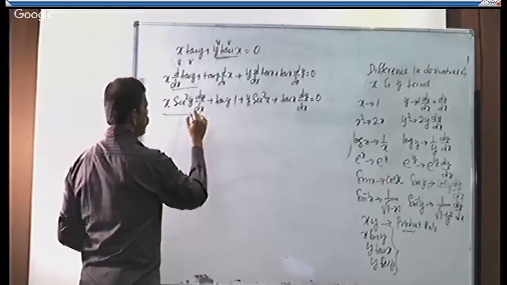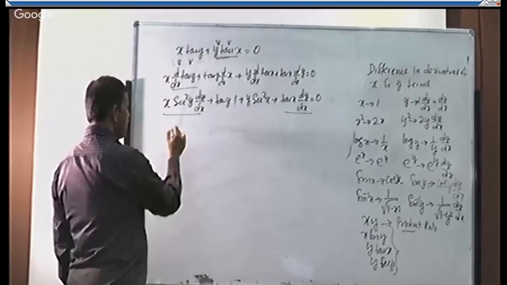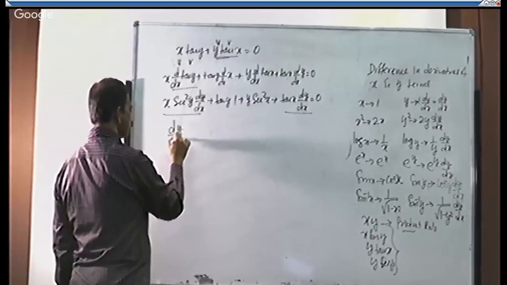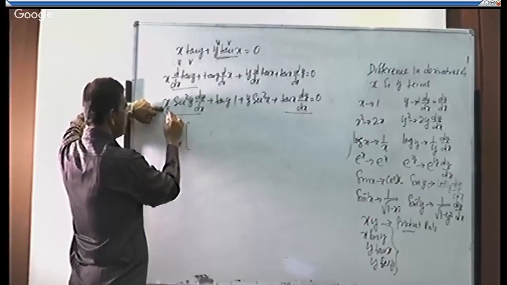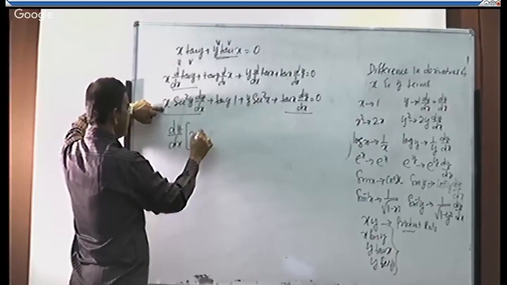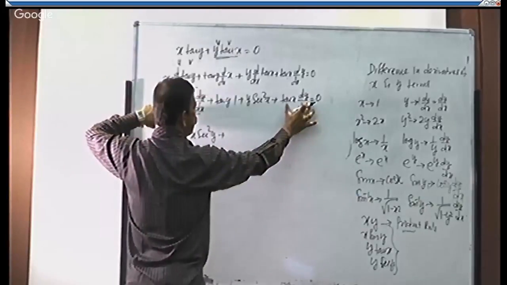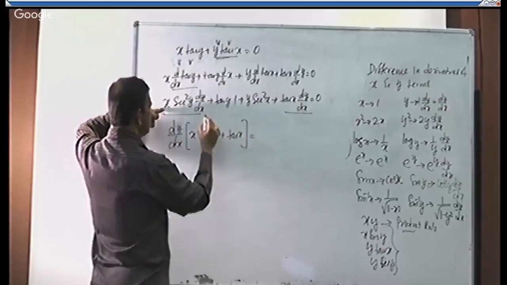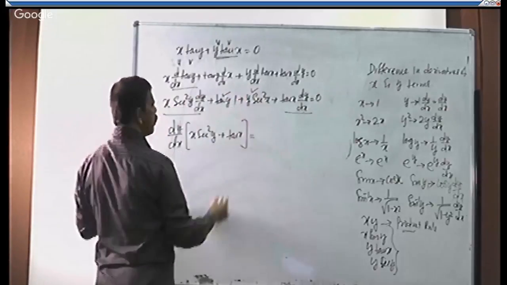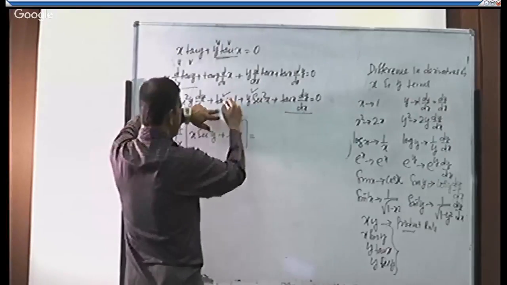See, there are two terms having dy by dx, in which take dy by dx common. If I take dy by dx common, what is left out here? X into secant square y plus here tan x is equal to, these two terms are having no dy by dx term, therefore transfer it.